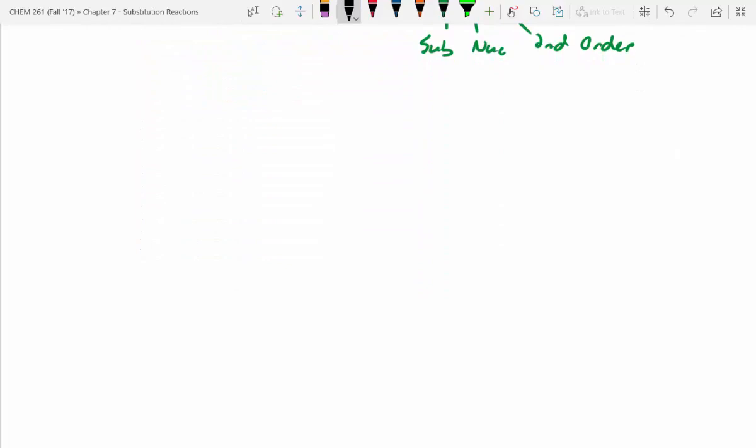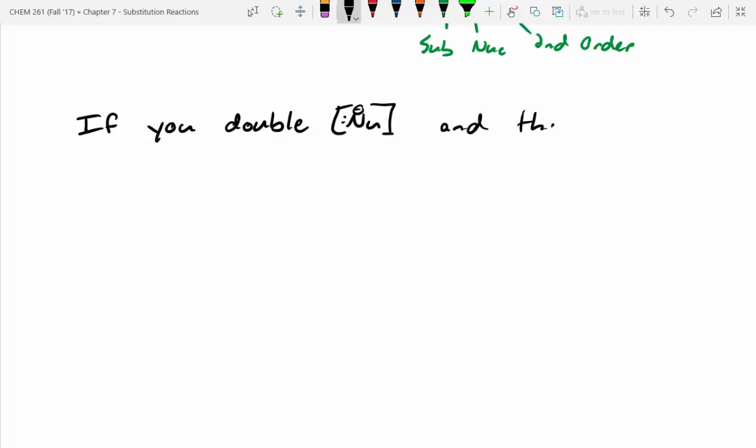Let's say if you double the concentration of your nucleophile, and I'll keep it still negatively charged, and the rate doubles, then the reaction is SN2.